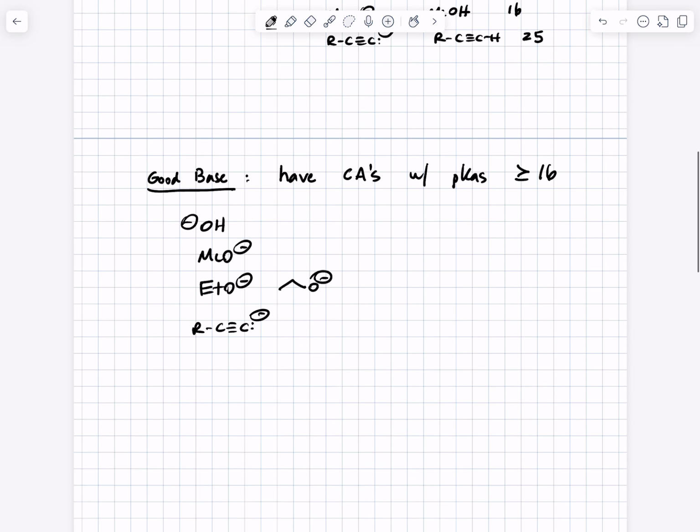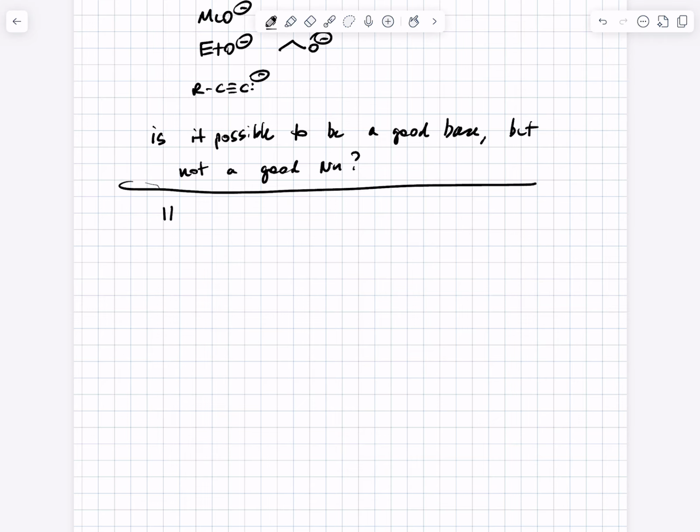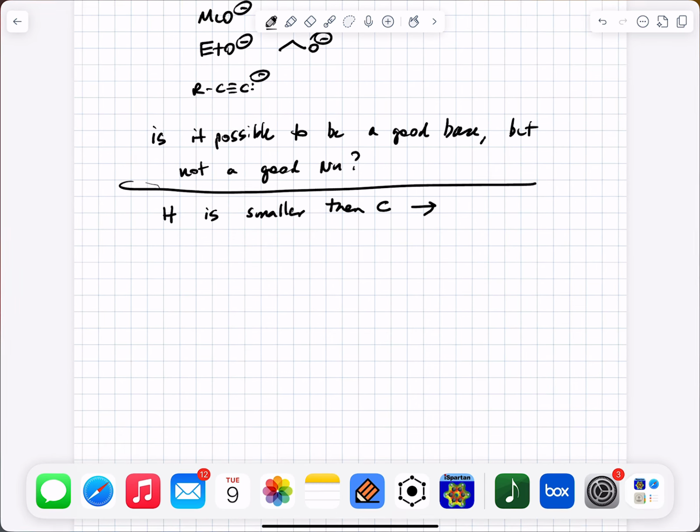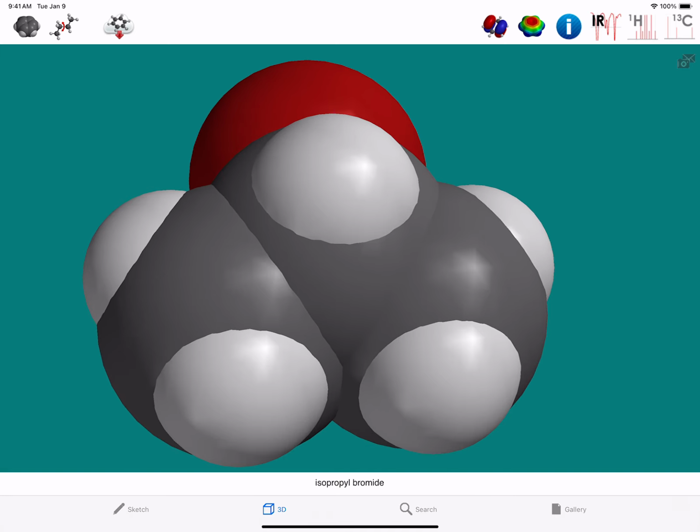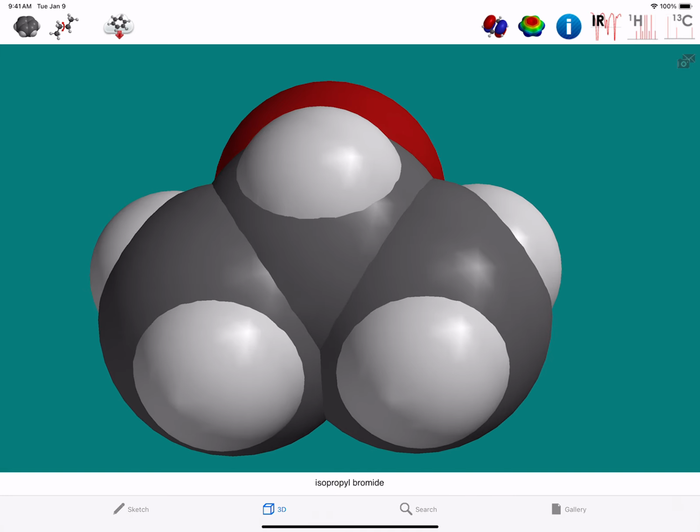And to set this up, one of the things you have to realize is that hydrogen is smaller than carbon. And so that gives you a potential route for selectivity in deciding whether you're going to have something that's a nucleophile or a base. For this alkyl halide here, the carbon in the middle is the alpha carbon, the one that bears the leaving group.